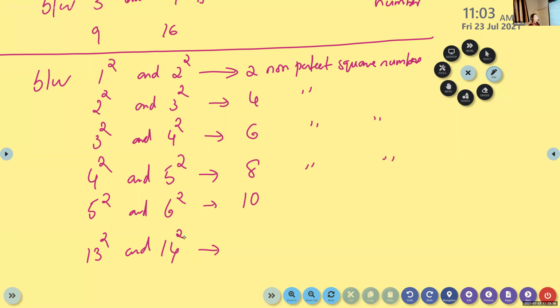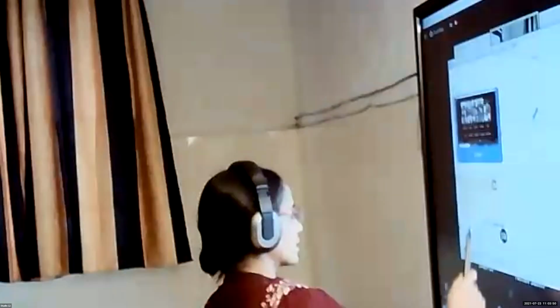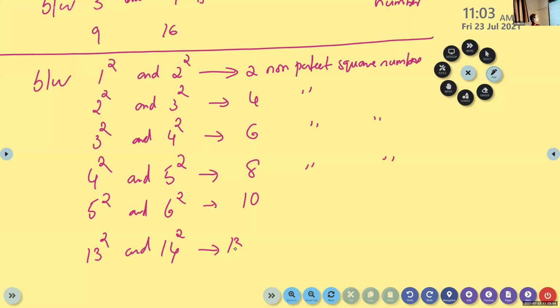Between 13 square and 14 square, how many non-perfect square numbers? 26. Who said that? Gopika Shankar. Correct, yes. 13 into the first number, that is 13 into 2, 26.